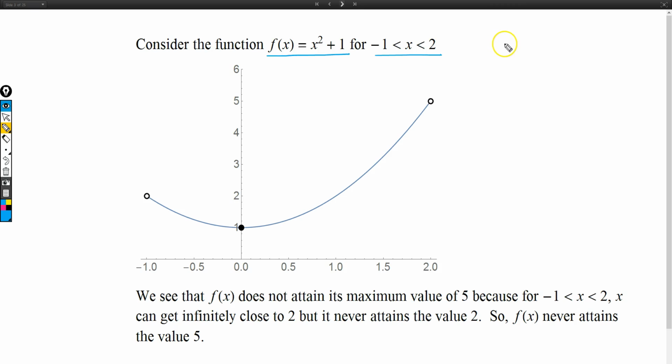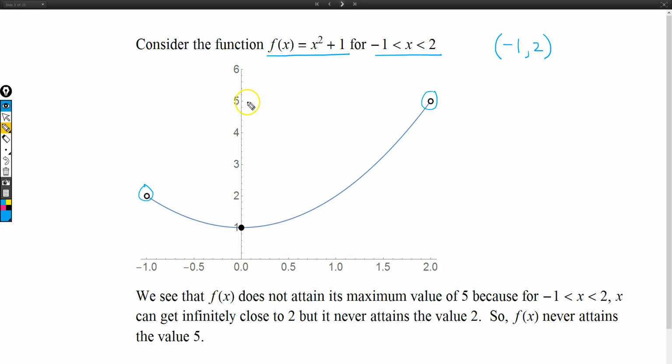So x is only taken between -1 and 2, and we have open parentheses around the -1 and 2, defining the interval over which x varies. Now here we have the graph of what this function would look like. Notice we have open circles here because x never actually reaches the value of 2, and we have an open circle over here at the other endpoint because x never actually takes on the value of -1.